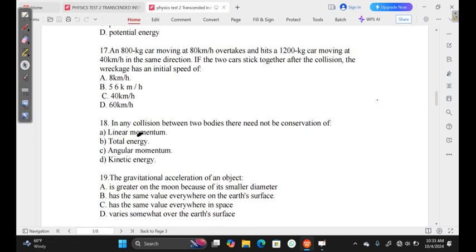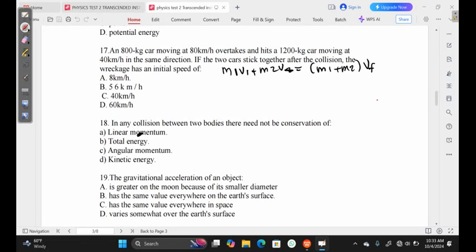So here it's just the same. After collision, they are moving together, meaning it is inelastic. So in an inelastic collision, this is the formula you need to know. After collision, they are moving together, so it will be m1 plus m2, times the velocity, which is the final, which you want to find.